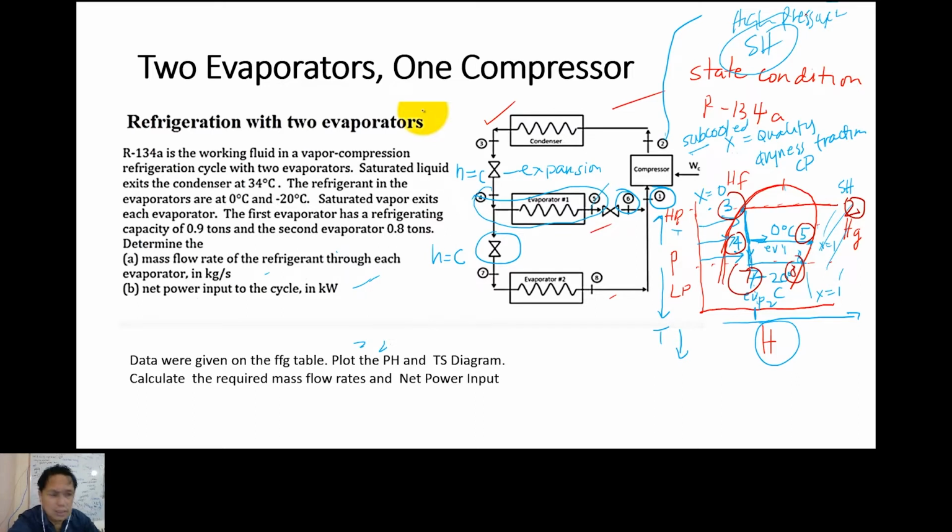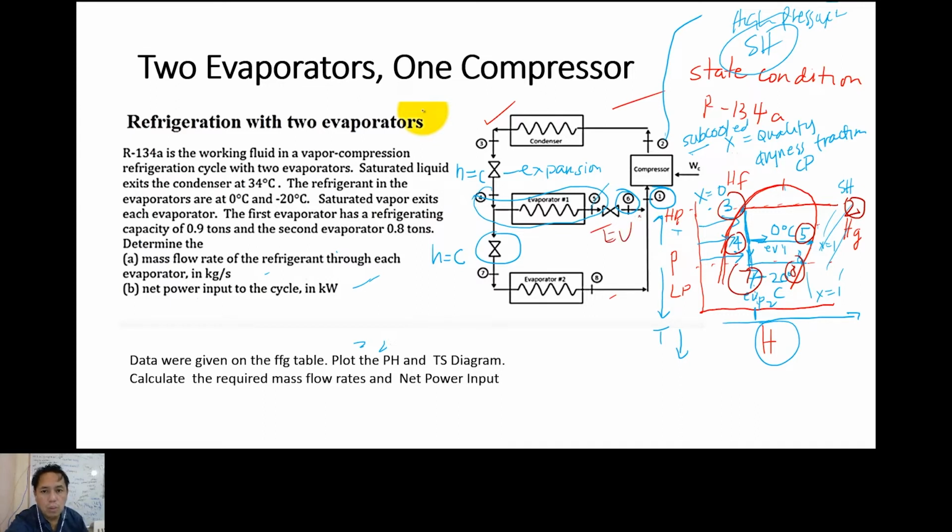If you are a smart engineer, you would know how to translate this into the pH or TS diagram. What is between 5 and 6? Expansion valve.